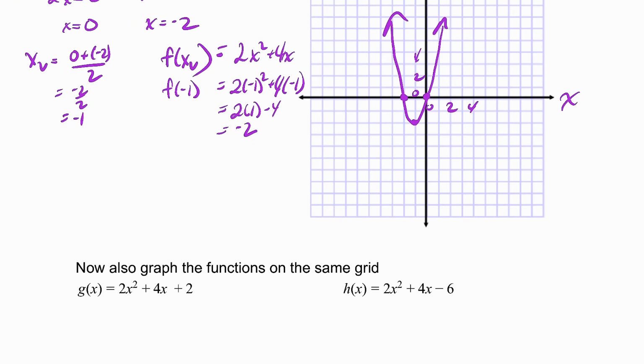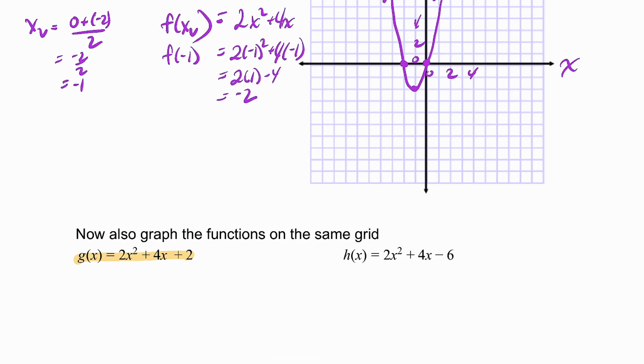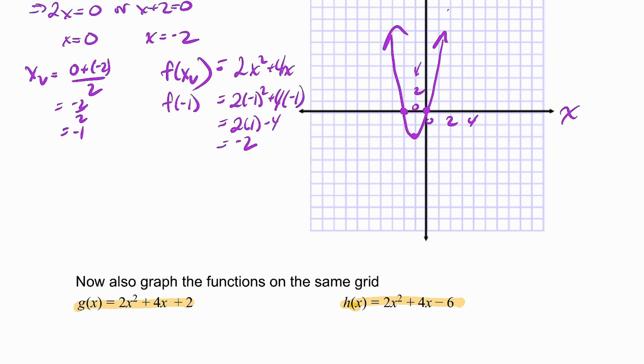Well, let's look at the graphs on the same grid. So here we have g of x is 2x squared plus 4x plus 2, and we also have h of x, which is 2x squared plus 4x minus 6. So really, what's the difference between g of x and f of x?